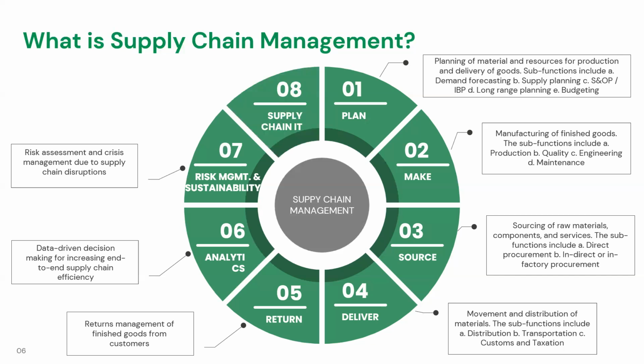The last one is about one of the oldest functions, right? Which is an integral and very crucial part of a supply chain. In this complex world, your supply chain operations can't be operated without information technology, correct?